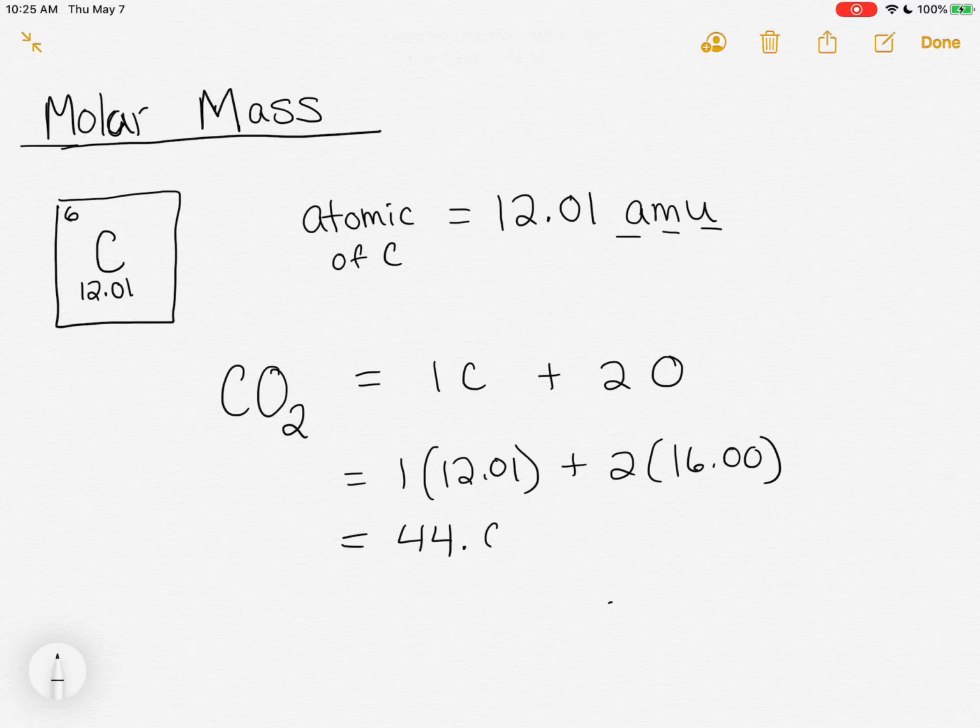So in total, that would be 44.01 AMU, and this would be molecular mass. This would be the mass of the entire molecule.